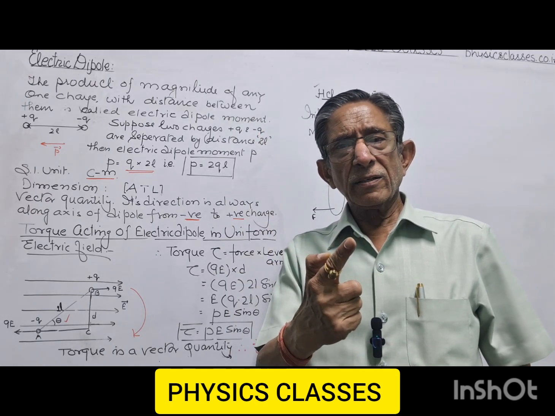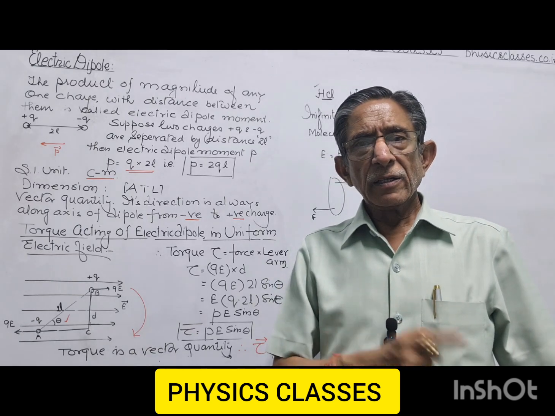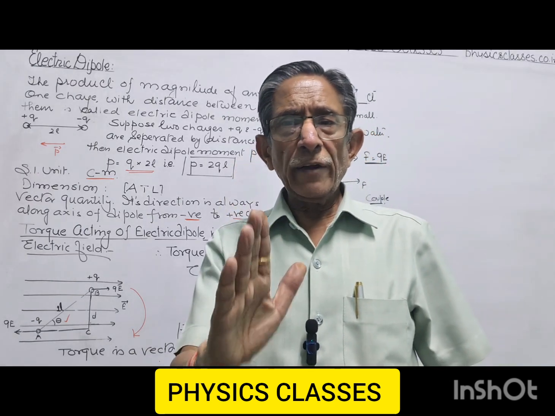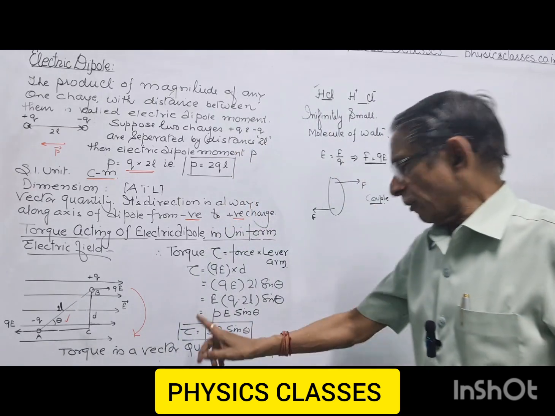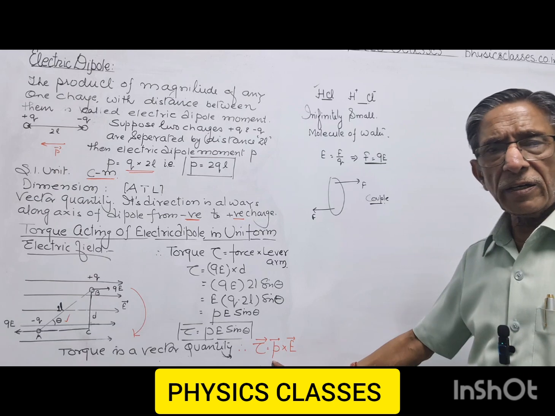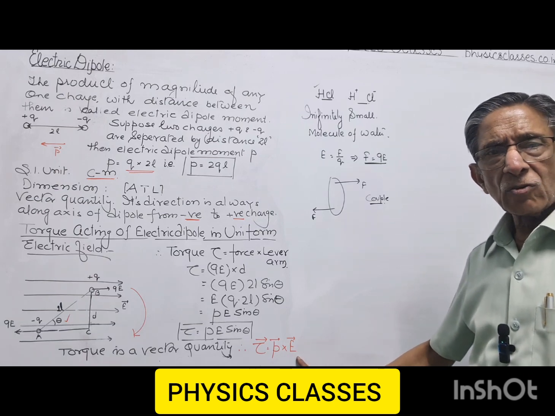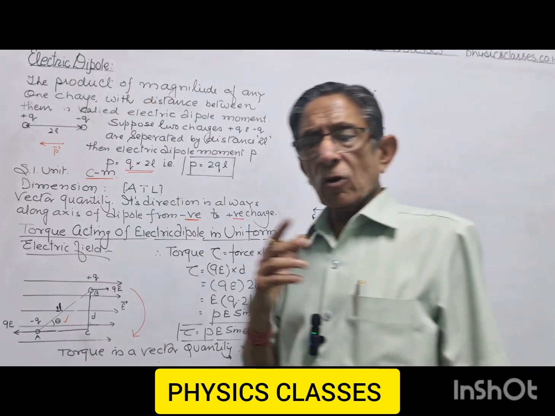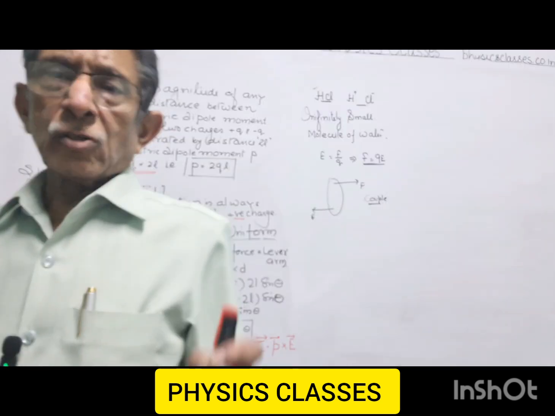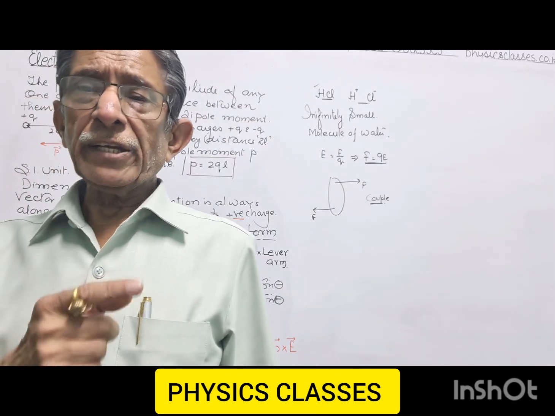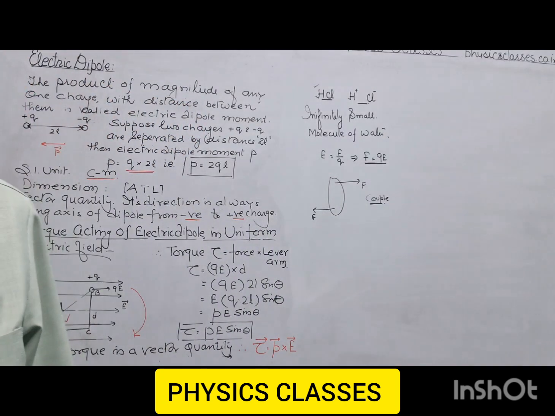The cross product is perpendicular to the plane containing A vector as well as B vector. So students, here also torque will be perpendicular to the plane containing P vector and E vector. So finally we reach the conclusion that torque acting on dipole is given by torque is equal to PE sin theta, or in vector form we can say torque vector is equal to P vector cross E vector.